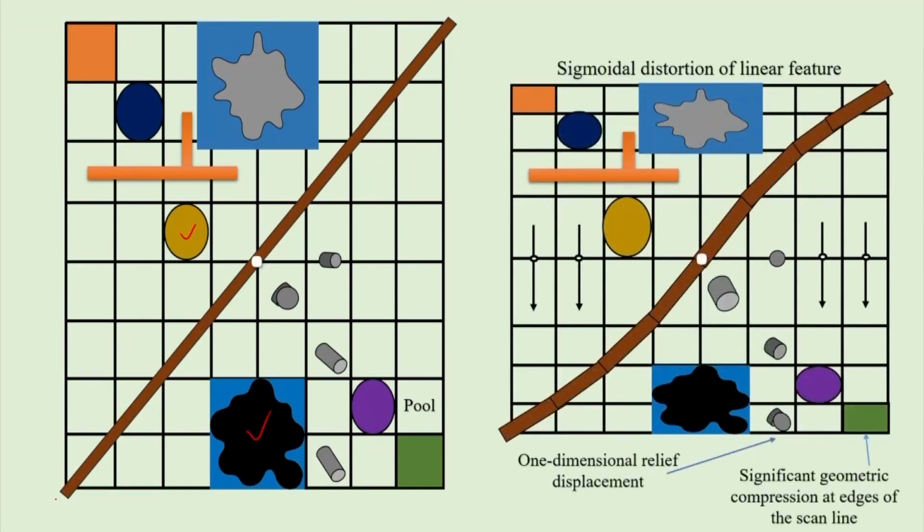This road which was supposed to be straight now has some angle, and all these objects are basically distorted. They are not in their own position or in their own shape and size. So, that means this is a very serious problem in your satellite image.